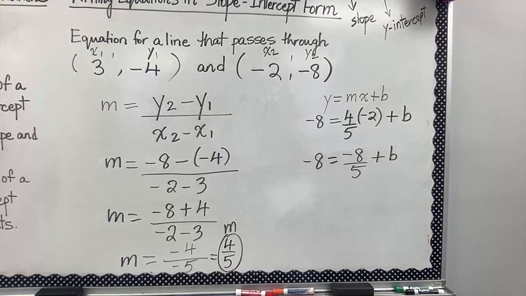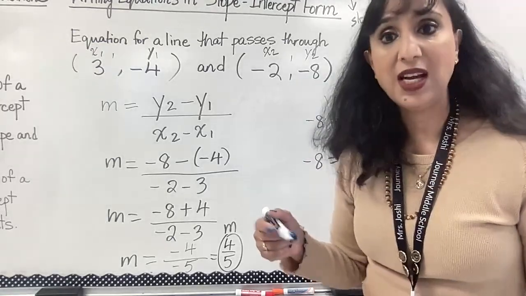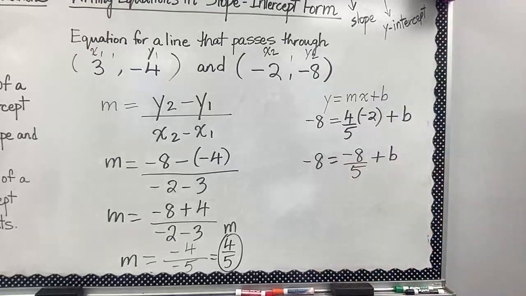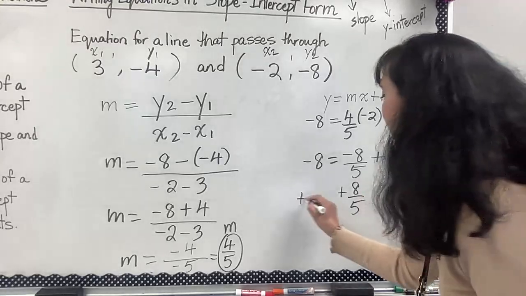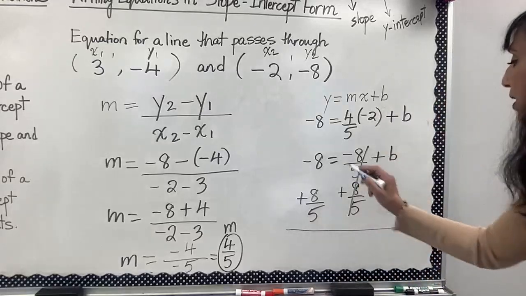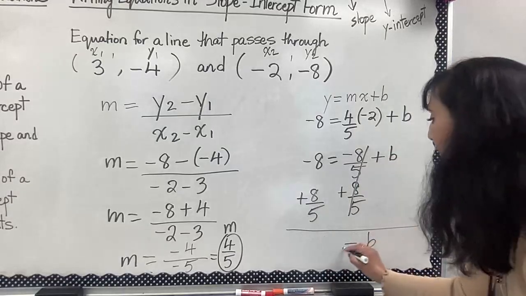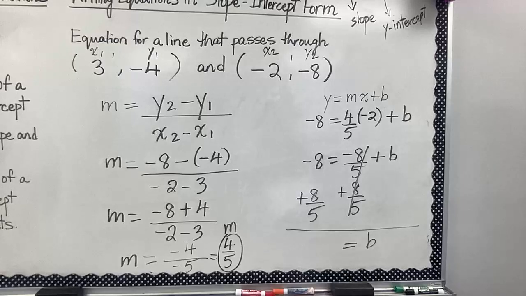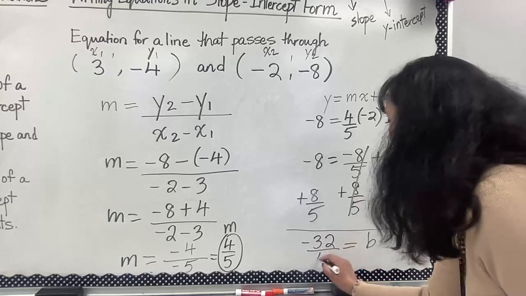And then I am going to subtract, because this is negative, so therefore the opposite of subtraction is addition. I'm going to use the addition property of equality, and I am going to say plus 8/5 from both sides. And so I'm left with, 8/5 minus 8/5 gives me 0. I'm left with b is equal to, and when I simplify this, I get -32 over 5.